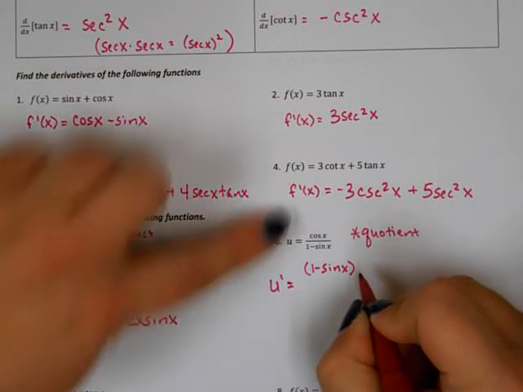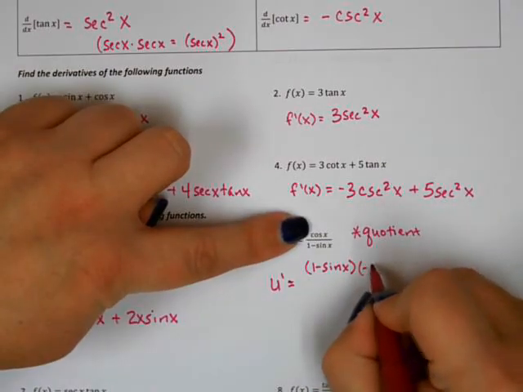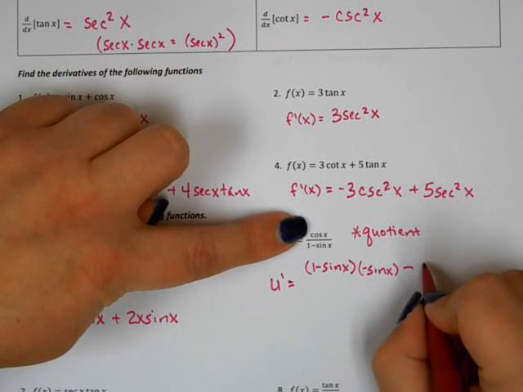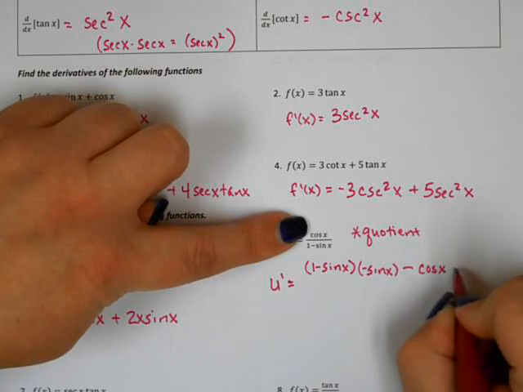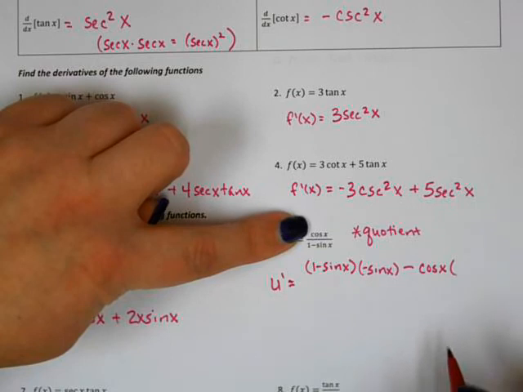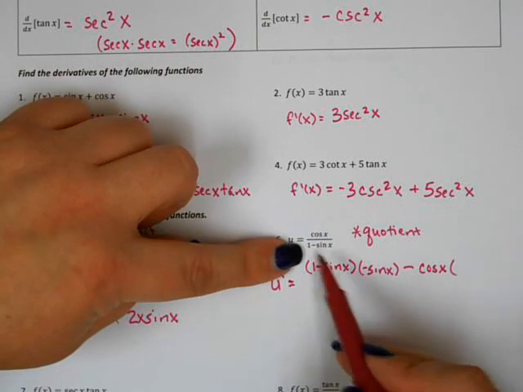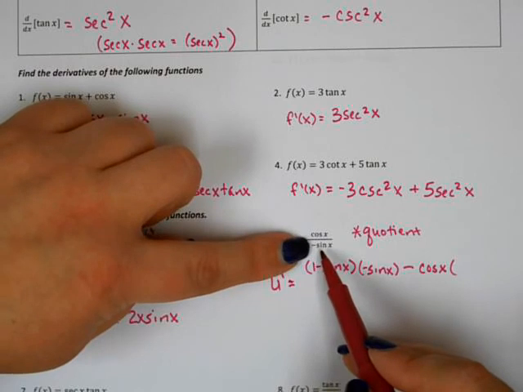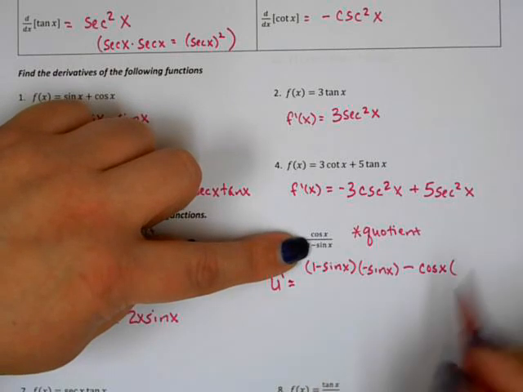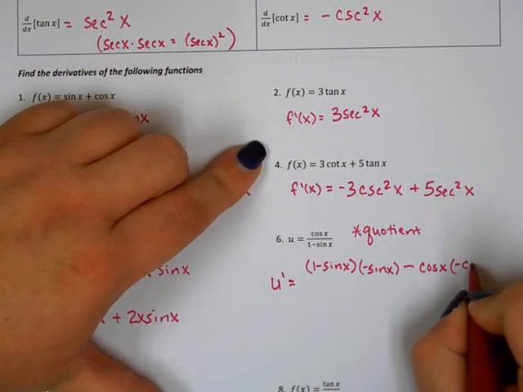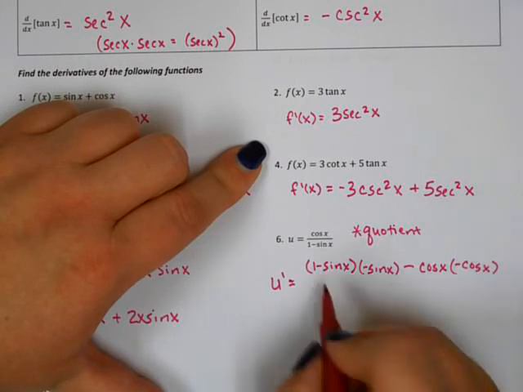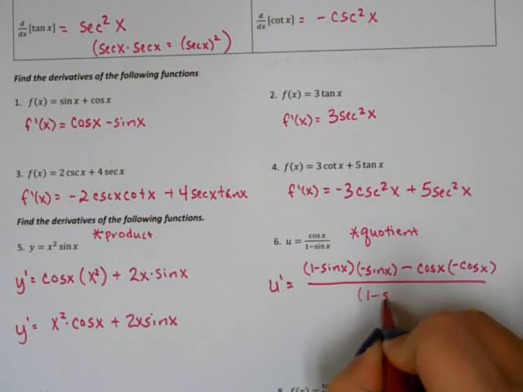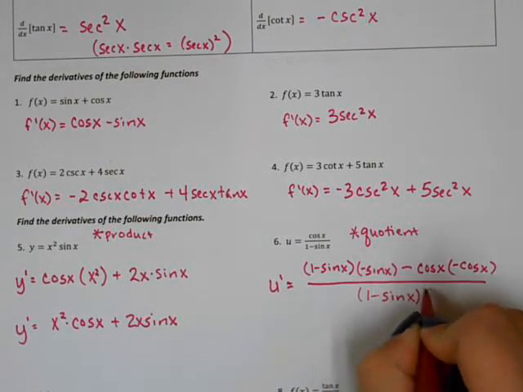The derivative of the top is going to be negative sine x minus the top, which is cosine x, times the derivative of the bottom. So the derivative of 1 minus sine x. Well, the derivative of 1 is 0. The derivative of negative sine x would be negative cosine x all over low squared. So 1 minus sine x quantity squared.